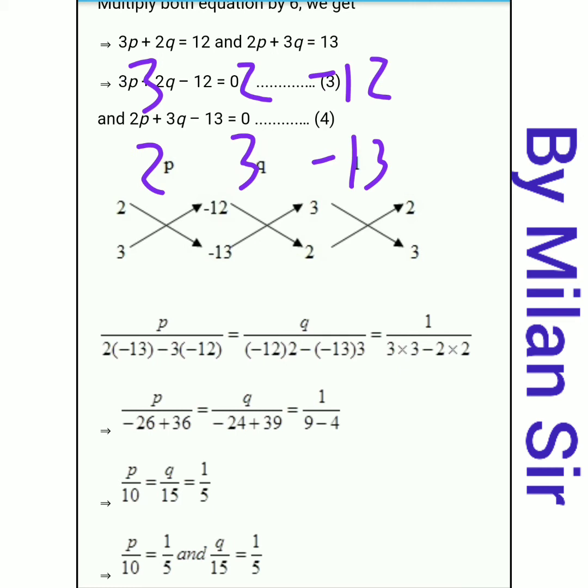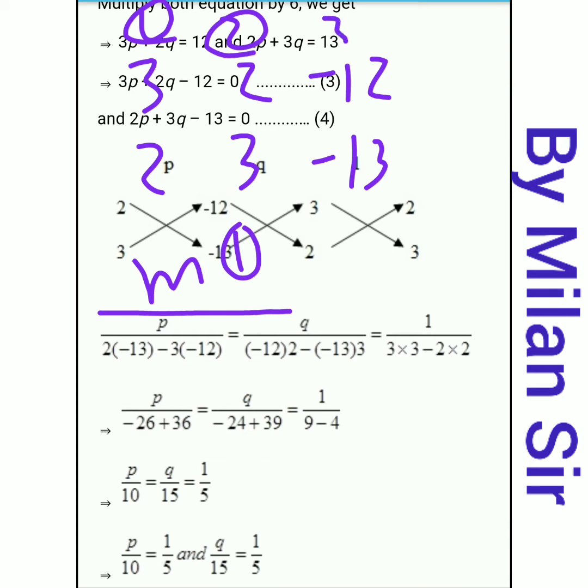Here our variables are m and n, right? In the cross multiplication method we wrote x, y and 1, but here we need to write m, n and 1. In place of x we write m. Now in the denominator of m, this is our first term, so we skip the first column and write down the second and third columns: 2 3, and minus 12 minus 13.